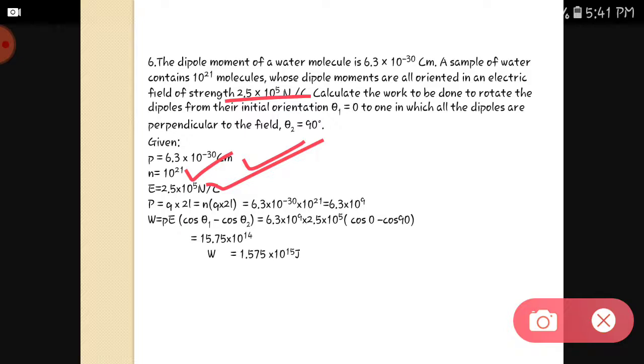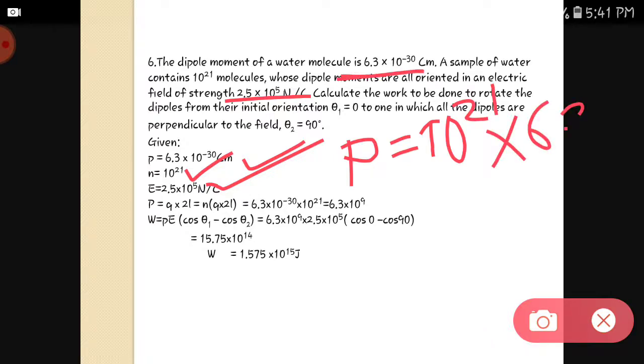Written. All given things are written over here. Now, as there are 10 to the power 21 molecules, I have written the dipole moment in that sense. So I have multiplied 10 to the power 21 to this answer. So I am getting the dipole moment in this sense, 6.3 into 10 to the power 9.